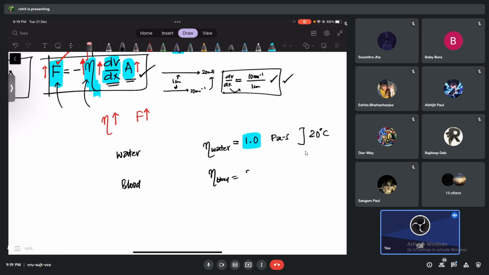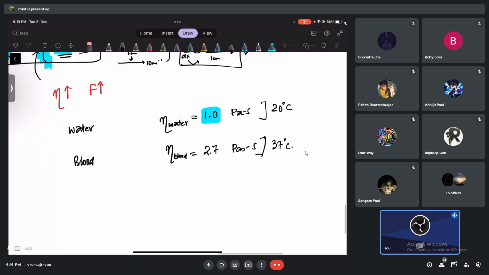No, it is 2.7 Pascal second. Don't worry about the units right now, but this is the temperature inside our body. They have calculated it. Let's look at these two numbers first of all. Can you understand I've already written a number corresponding to what and what? Water and blood.